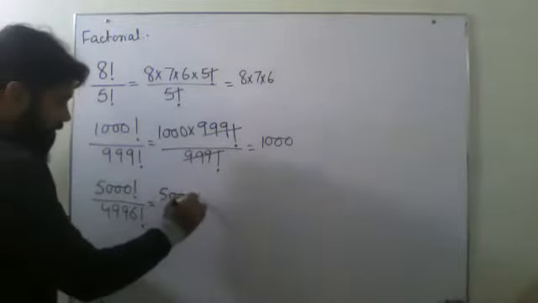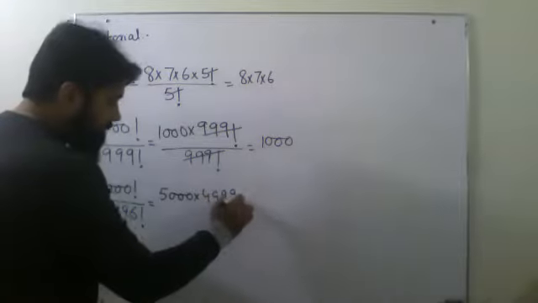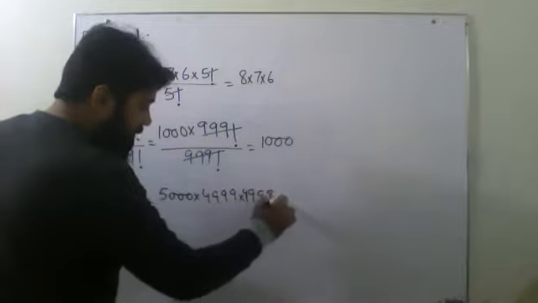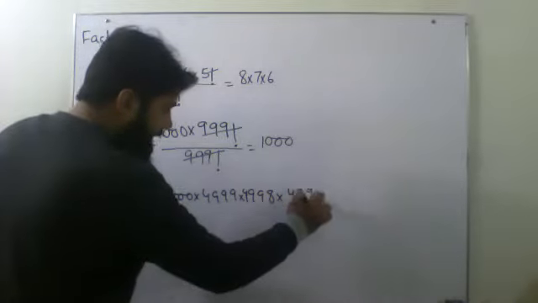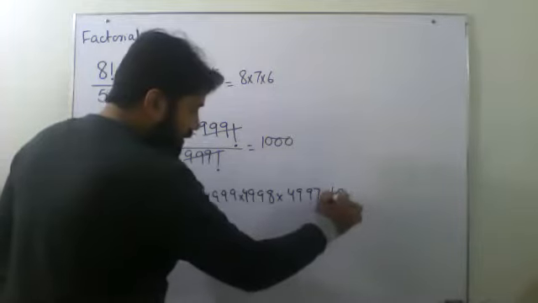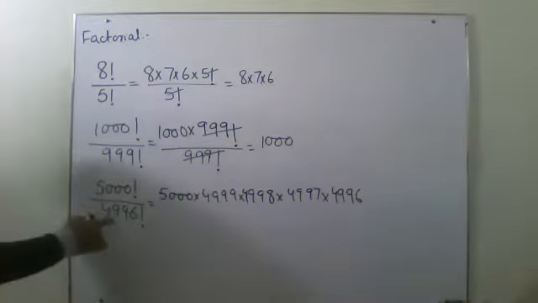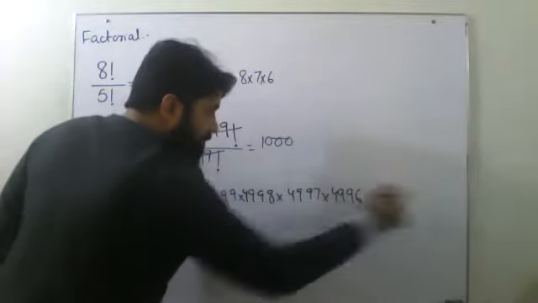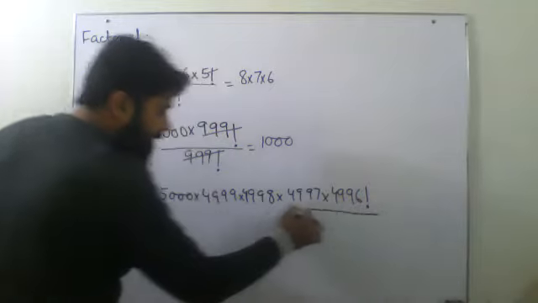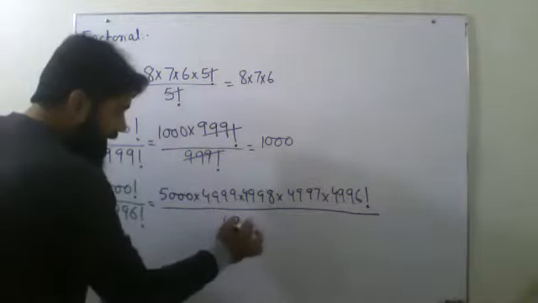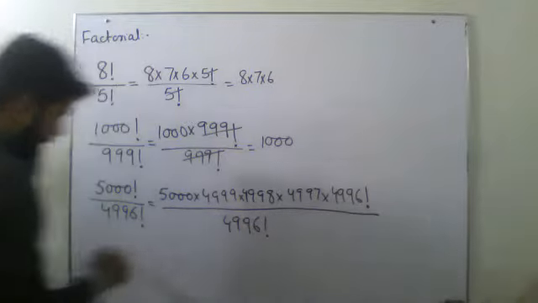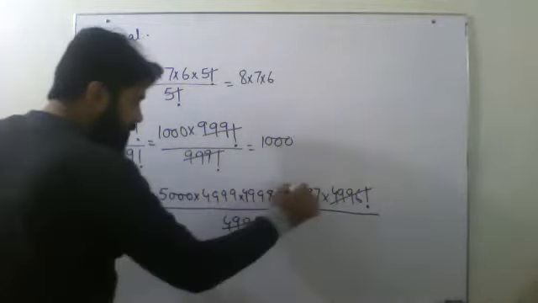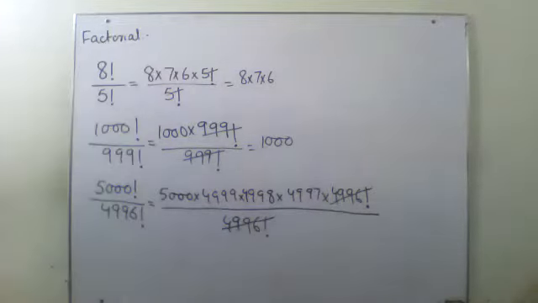So 5000, 4999, 4998, 4997, 4996. As I have seen 4996 written here and 4996 here, I'm not moving ahead. I'm just writing a factorial here, and 4996 factorial will be written, cancellation, and this is going to be my answer. These two are being cancelled here.